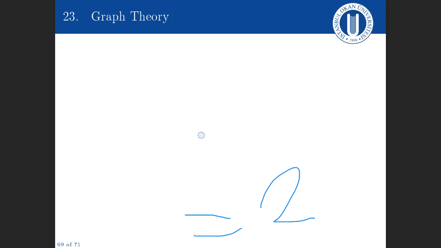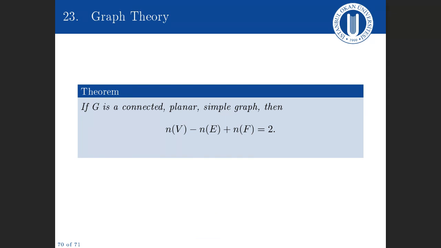But every time we simplified this, we didn't change Euler's formula. So that means that the complicated graph that we started with also has Euler's formula equal to 2. We can say that every connected planar simple graph has Euler's formula equal to 2.